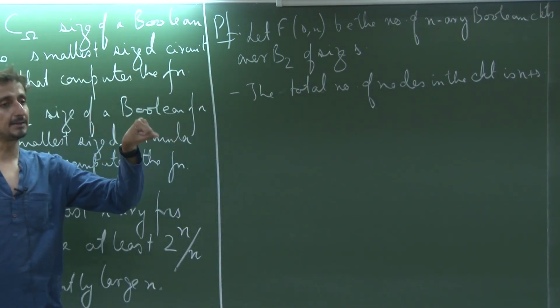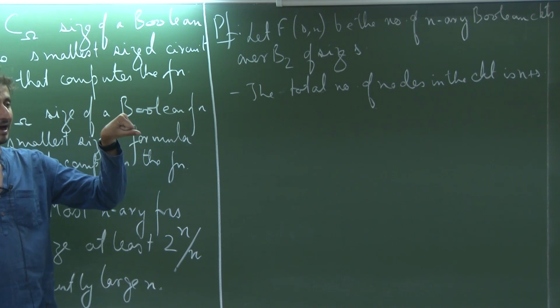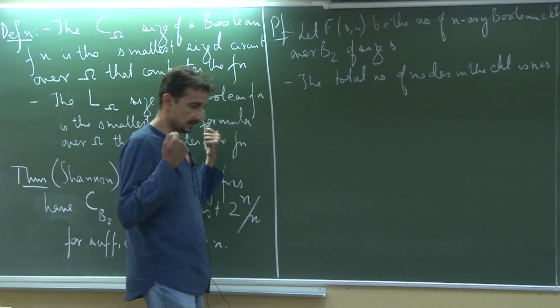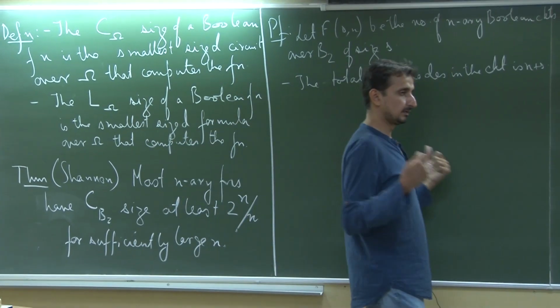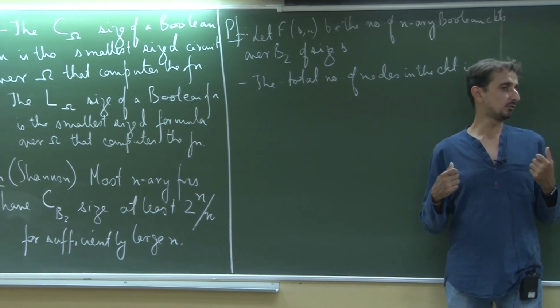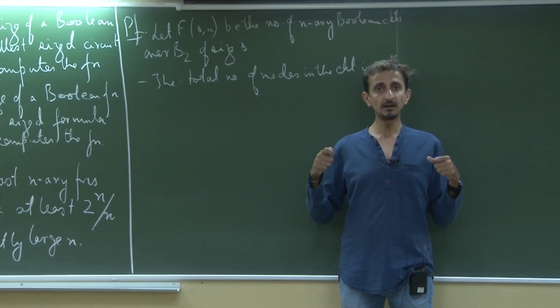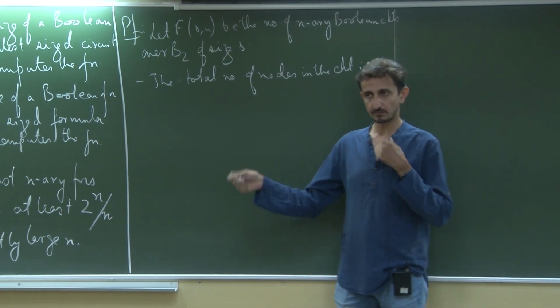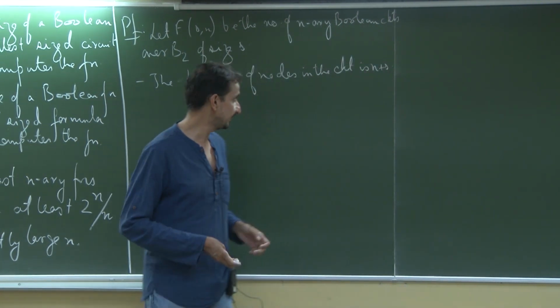Now, fix a gate. Let us take any particular gate. From how many gates can it take input from? Each gate has 2 input wires coming to it, and each of those input wires can come from any of the other n plus s minus 1 nodes in this circuit, right.